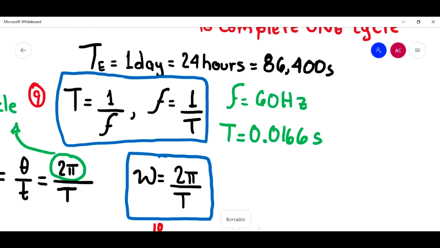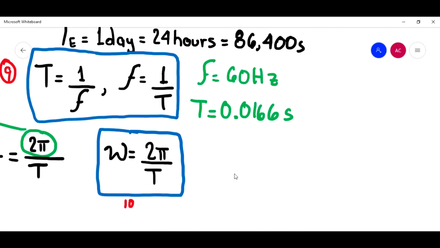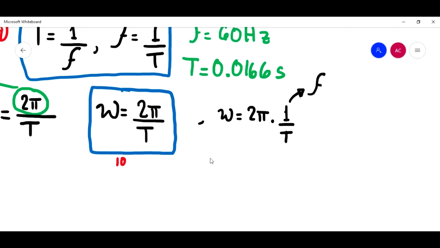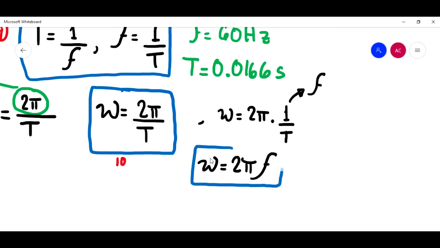So, for example, I can have this: angular velocity equals 2 times π times 1 over T. I just separated it. So how much is 1 over T? That's frequency. So the next equation that I'm going to have for angular velocity is going to be 2π times frequency. The units are going to be the same, radians per second.